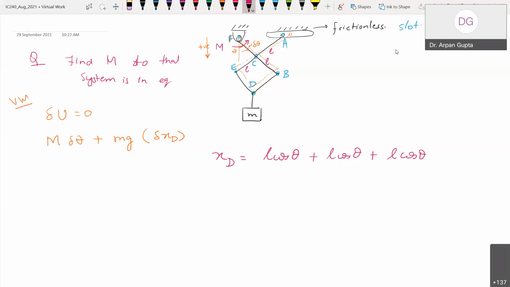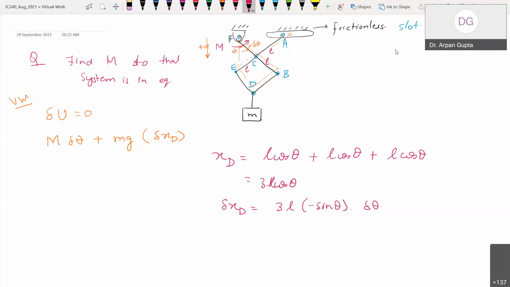Therefore this is equal to 3L cos theta. Now if I take a differential of this, it is going to be 3L times minus sine theta delta theta.